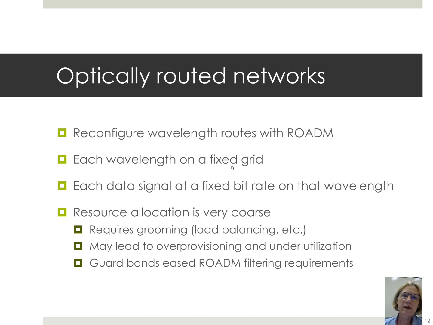And this means that if we want to look at our resource allocation, which wavelength was available, what bit rate was available, it was a very coarse ability to route in the optical domain provided by these devices. It required a lot of grooming in the electronic domain so that we could do load balancing, so we could fill up the channel, so that we could allow the wavelength routing to occur.